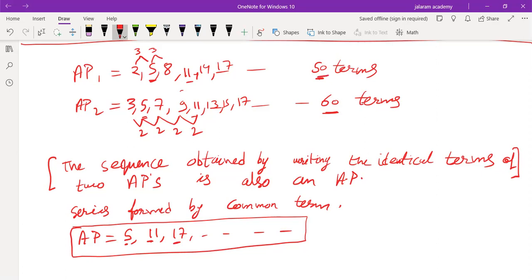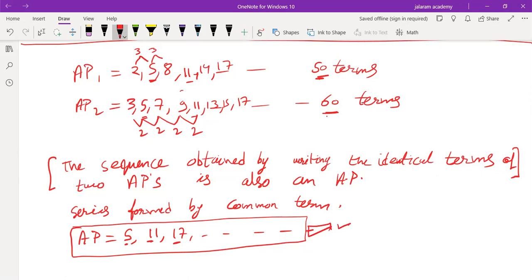It means we have to find the 50th term of AP1 and the 60th term of AP2. If we assume this AP has n terms, the nth term will be the last term of the AP formed by identical terms.